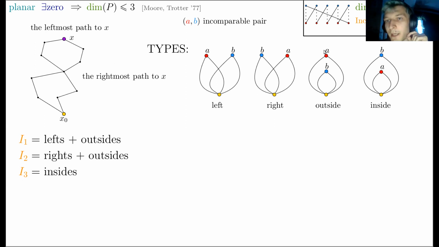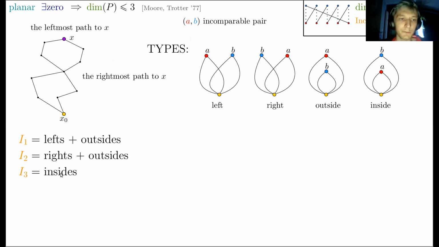But here, A is above B. So I cannot put an edge here because this is a planar diagram. If I put an edge here, then B is below A, not the other way around, and we have this AB order, yes? So this is just a note on why these two are not symmetric. This might be confusing at first.